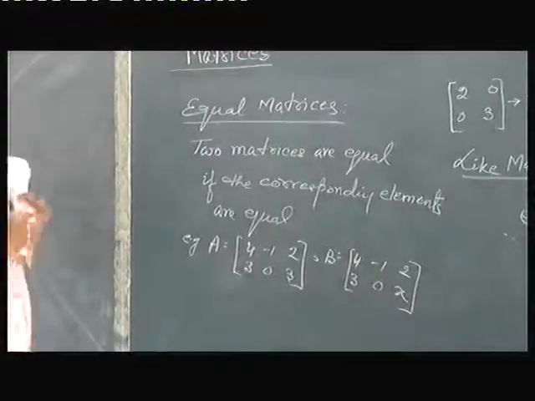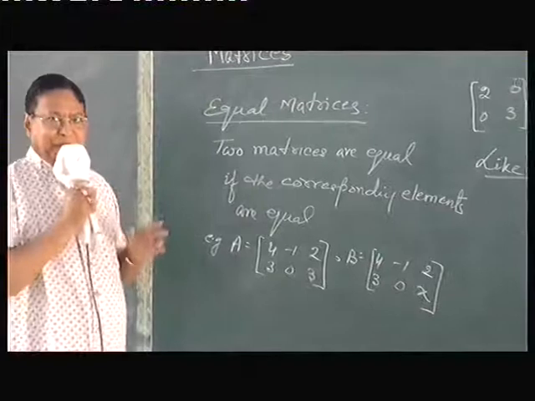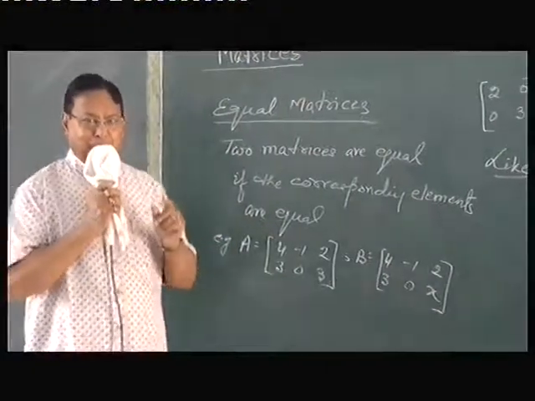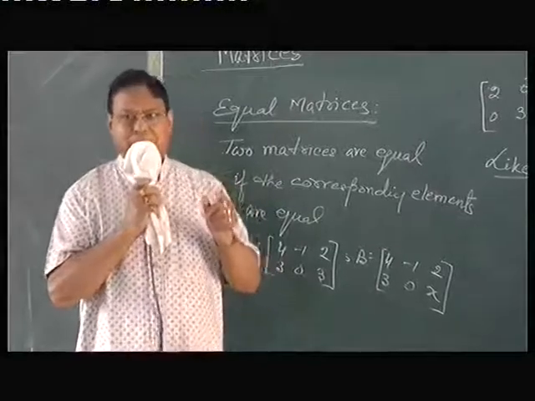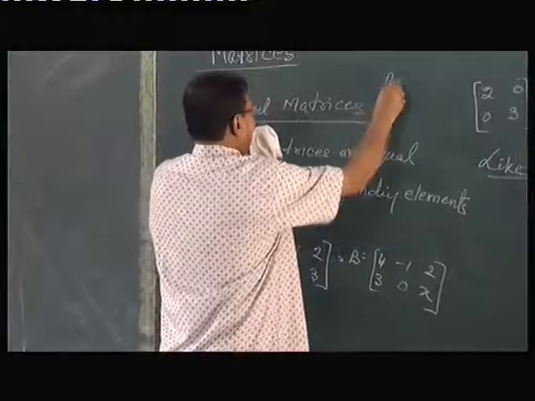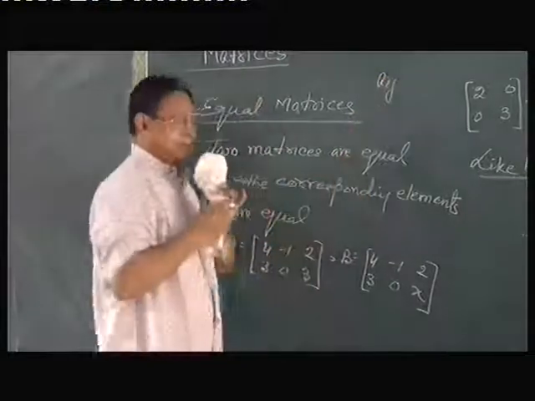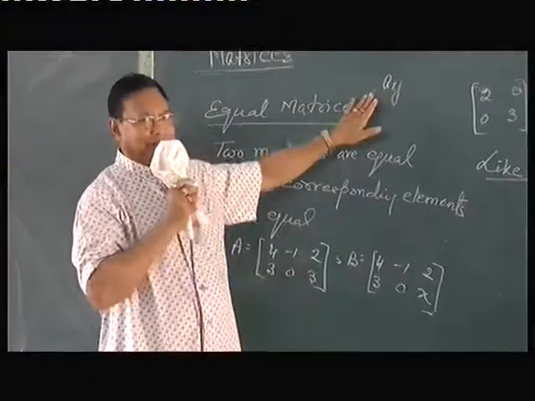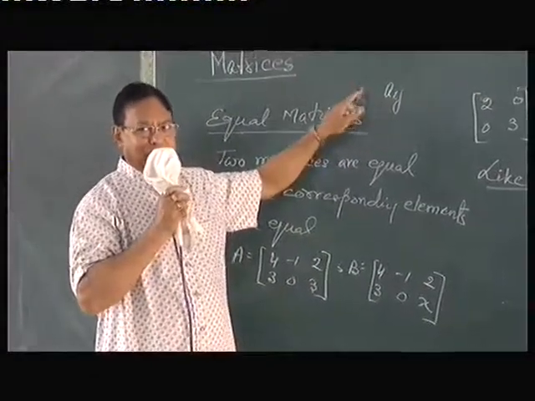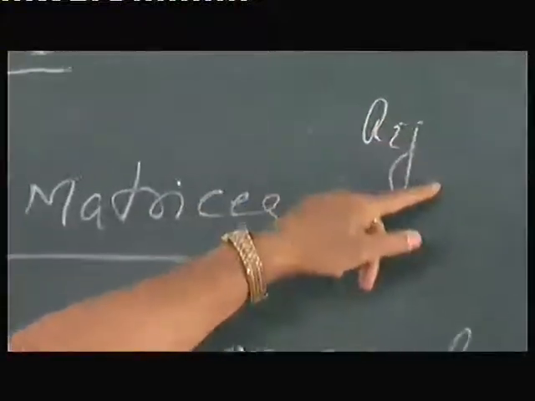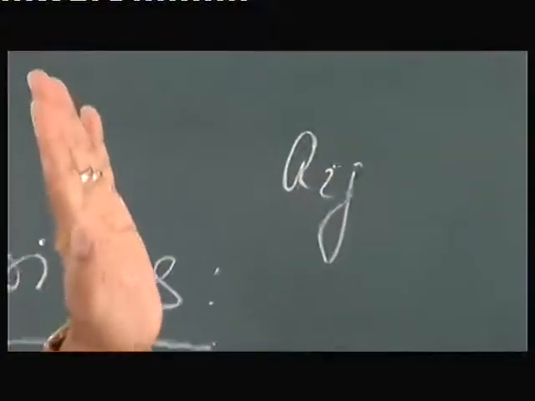So I have written here two matrices. Now look at the corresponding element, what I mean. See, normally elements are denoted as a_ij. I just write it for you. You won't have to worry for this. This means the element of the matrix A in the ith row, jth column. Okay?